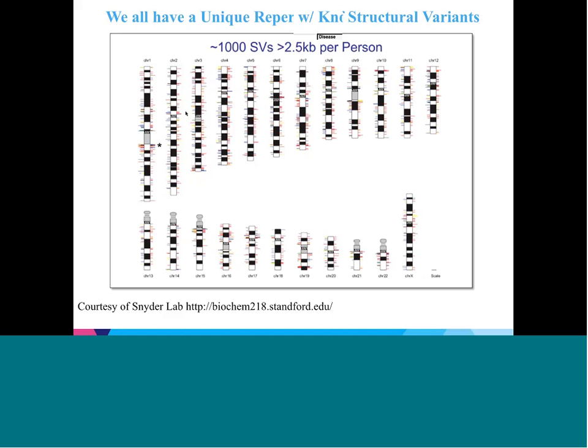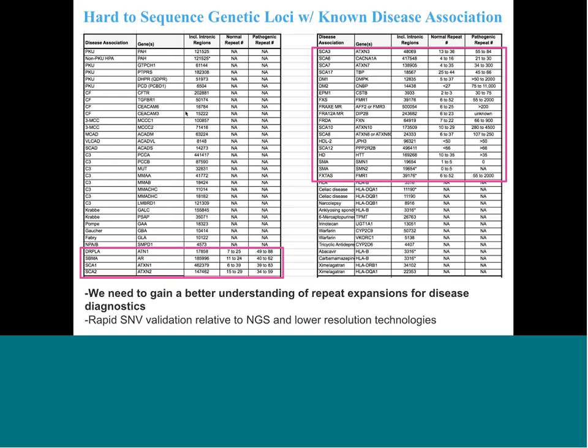So specifically, the panel that you can see here is a list that we put together of commonly known structurally variable regions of the genome. In the purple box are just trinucleotide repeats.